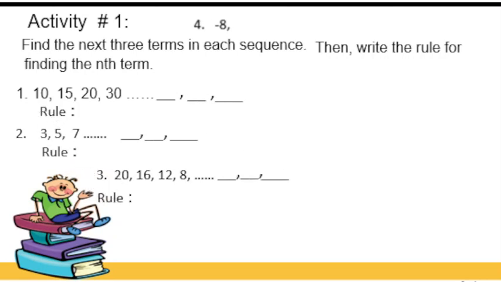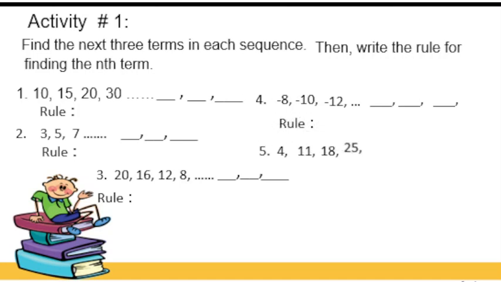Then number 4: negative 8, negative 10, negative 12. And for number 5, you have 4, 11, 18, 25. Then look for the next 3 numbers, and you have to look for the rule.